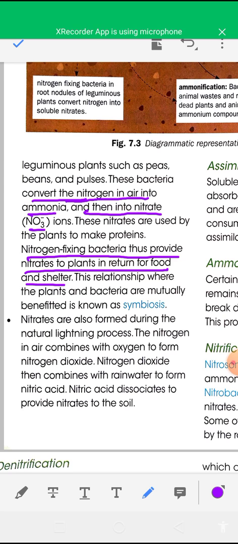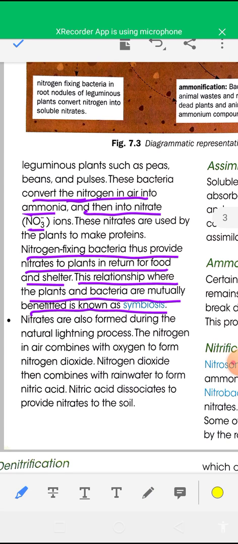Important term: what is symbiosis? The relationship where the plant and bacteria are mutually benefited is known as symbiosis.